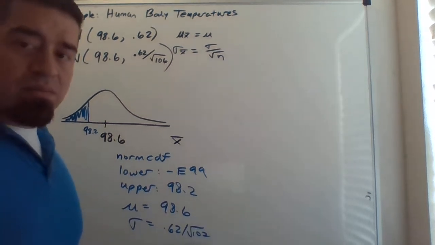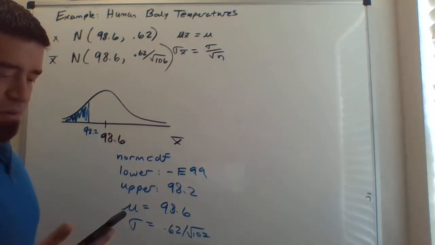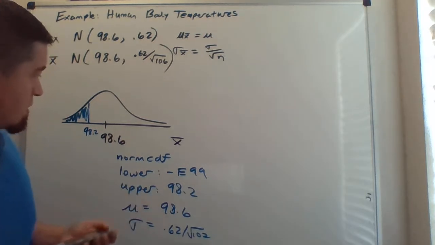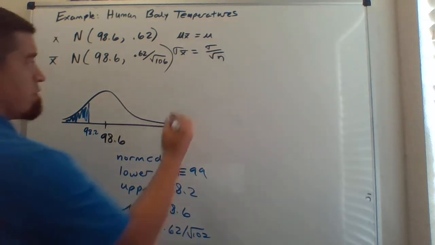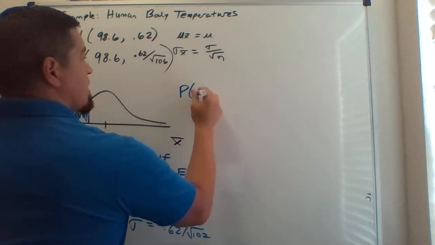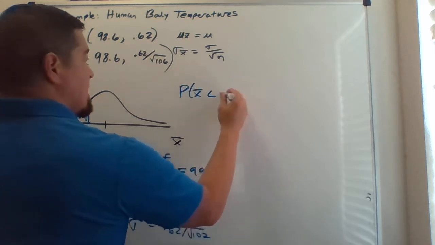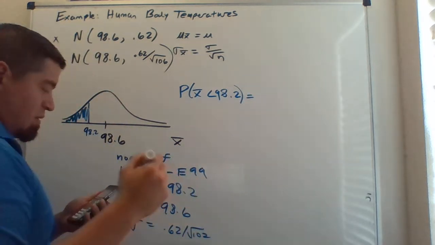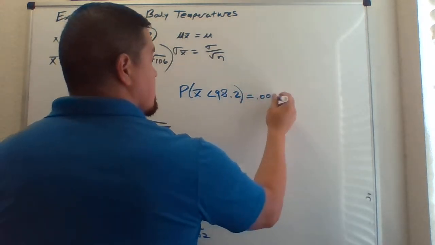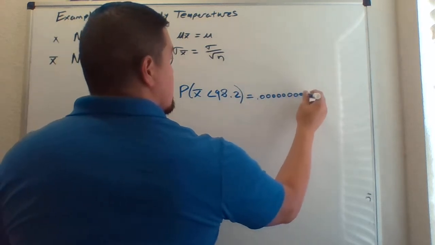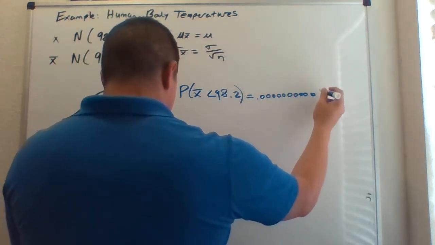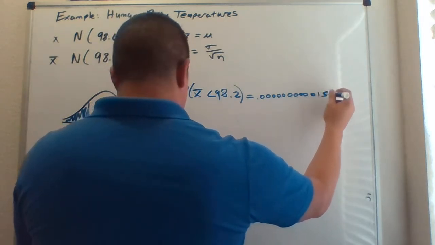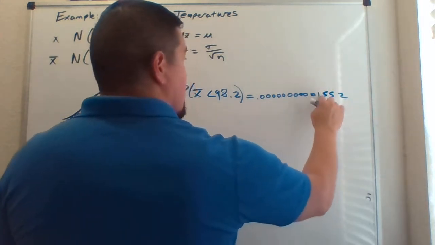So that's what I'm going to do. Okay, so I input that into the calculator, normal CDF, and what I found was that the probability that x bar is less than 98.2 is a very small number, 0.00000000001552.